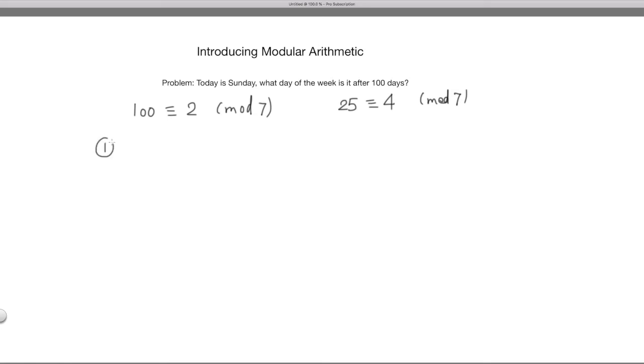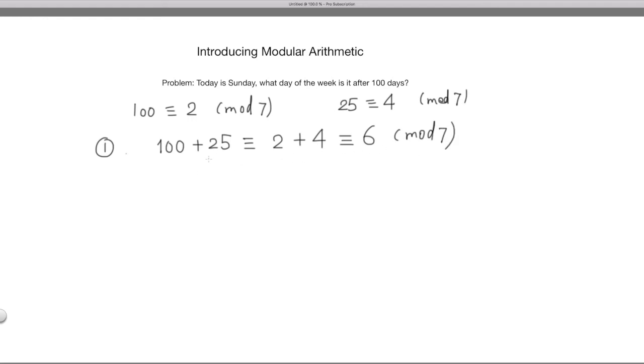Now, let's see the first thing, addition. If we talk about 100 plus 25, if we take this number divided by 7, this is the same as, equivalent to, 2 plus 4 mod 7, which is equivalent to 6 mod 7.